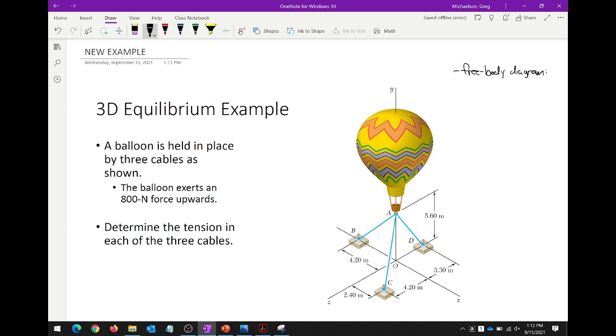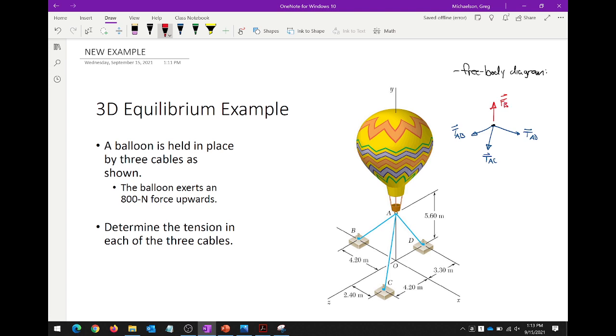Okay, because here's point A, and all we've got is a force like that, a force like that, and a force like that. And then, am I missing one? The balloon. Okay, and so what we'll do is we'll call that, I don't know, FB.